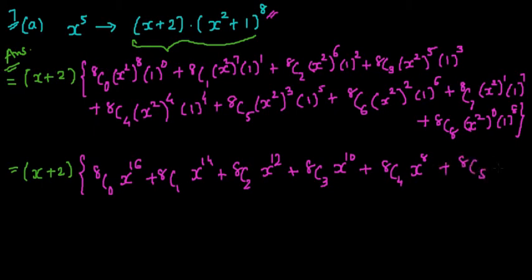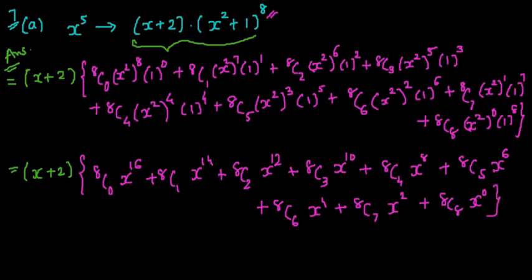8c5, x raised to 3 into 2, 6 power. Next term will be 8c6, x raised to 4 power. 8c7 is going to be x raised to 2 power, and 8c8 is x raised to 0 power, that is 1 only.